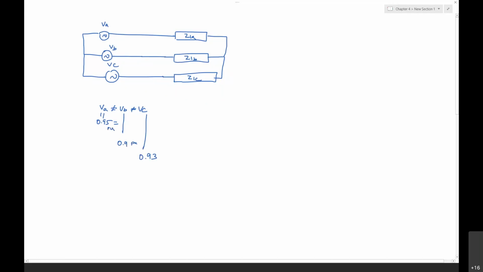In that case, if it is a three-phase load, then you will have circulating currents among the phases, among ZLA, ZLB and ZLC. That circulating current is not at all required for the individual loads.